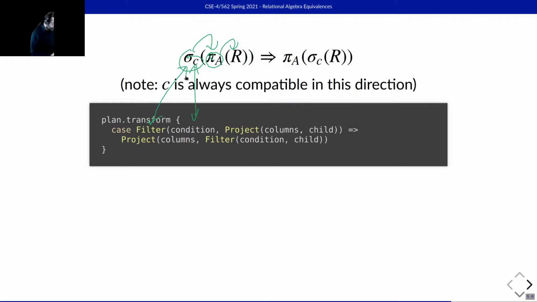In particular, we're looking for filter nodes that have as a child a projection that has some attributes in it. And that projection had better have some sort of input. We don't actually care what the input is. We just care that it has to be there.